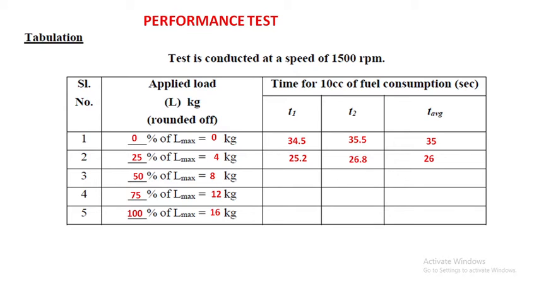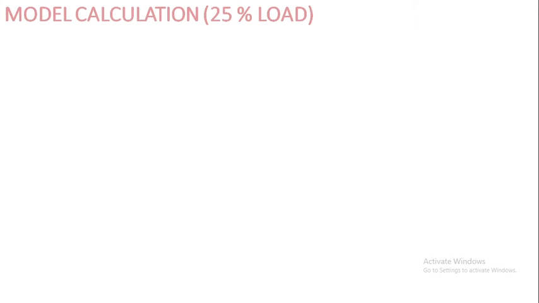Based on your experiment, you can choose the fuel consumption time taken. If it is 10 cc, the time will be more. If it is 5 cc, the time may be less. I used the readings for 5 cc instead of 10 cc of fuel consumption, so I have to use this 5 cc for the model calculation.